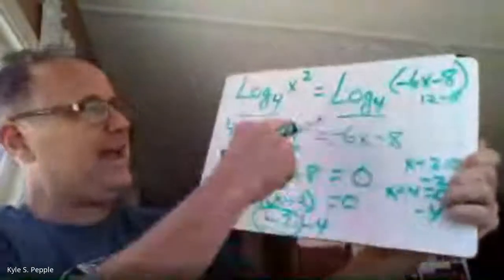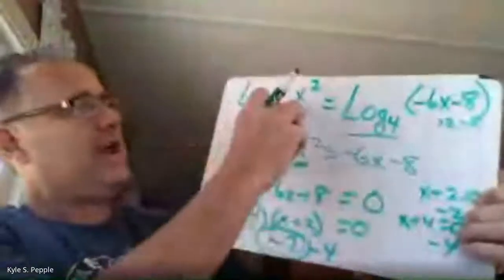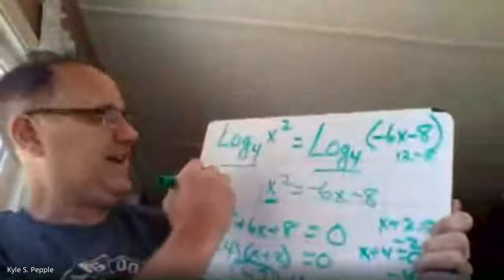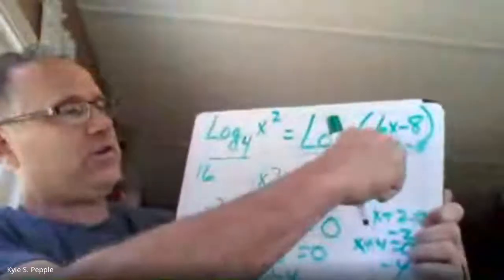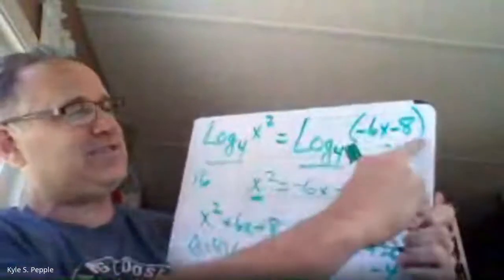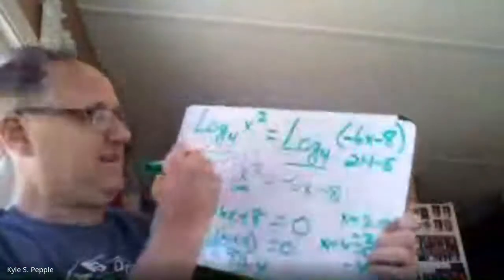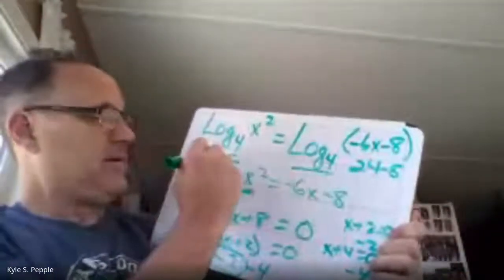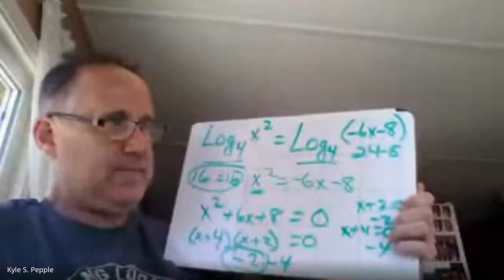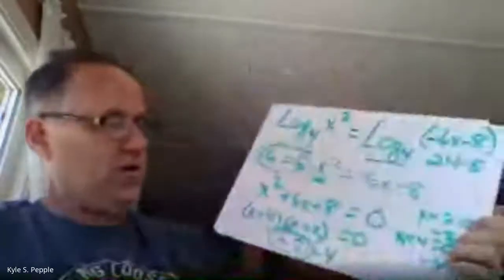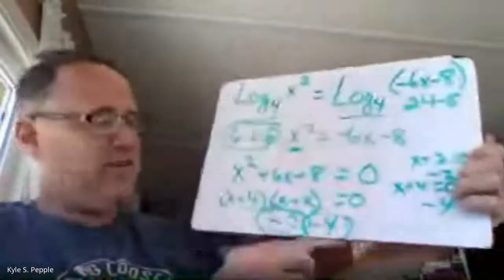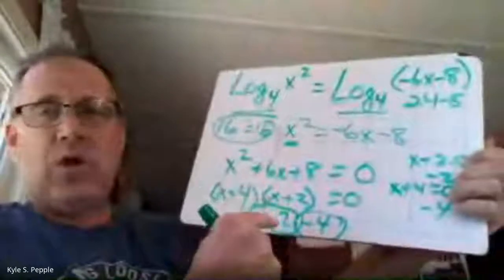When we plug in -4, -4 squared is 16. -4 times -6 is 24. Minus 8 equals 16.